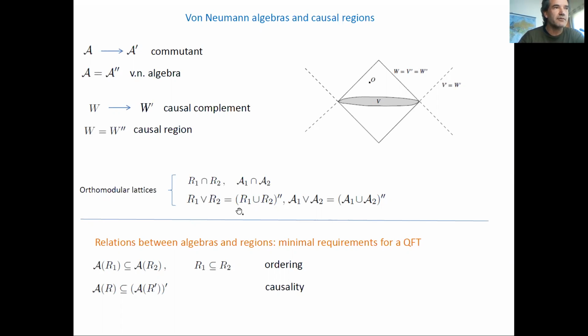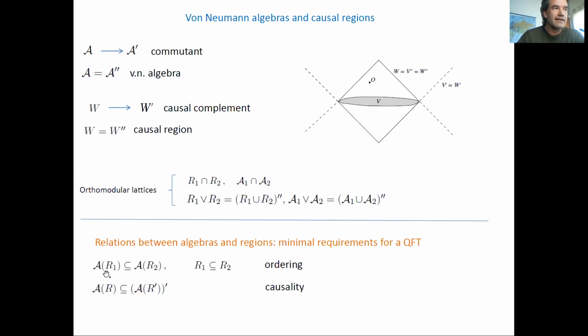And one could say, well, maybe there is a more profound relation between these two lattices, one of space-time causal regions, and one of algebras. So what is the relation between algebras and regions? Well, the minimal requirements in a quantum field theory are these ones.